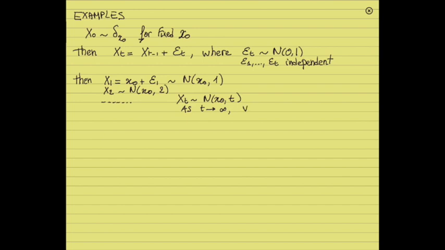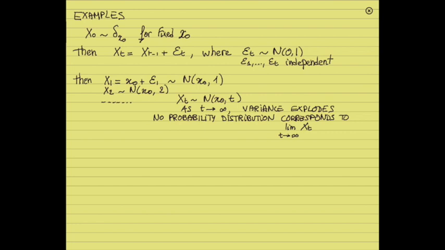The marginal distribution is normal for any time step, but in the limit it's like a degenerate normal with infinite variance. So there's no proper probability distribution that corresponds to the limiting distribution of the Markov chain as t goes to infinity. Okay, so this is a Markov chain that doesn't really have a limiting distribution, not a proper one at least.